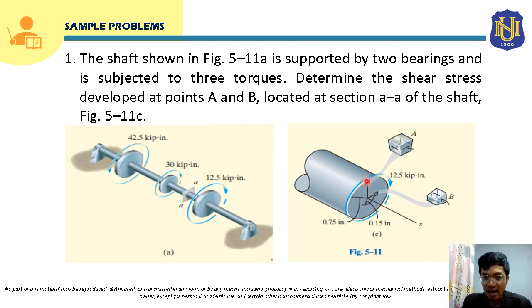So the radius from the center to point A is actually 0.75 inches, and for point B, the distance from the center to that point is 0.5 inches. So here, class, we are going to determine the shear stress developed at point A and point B. So let's start solving this problem.